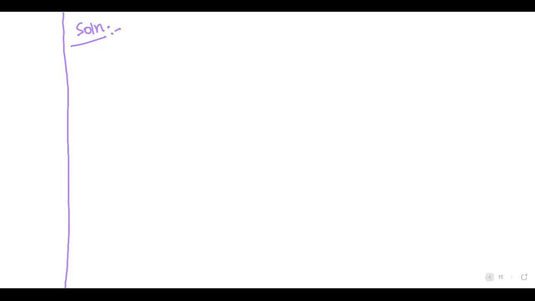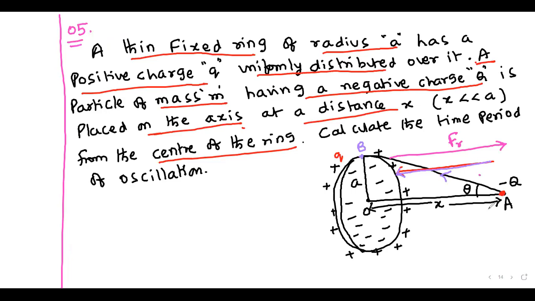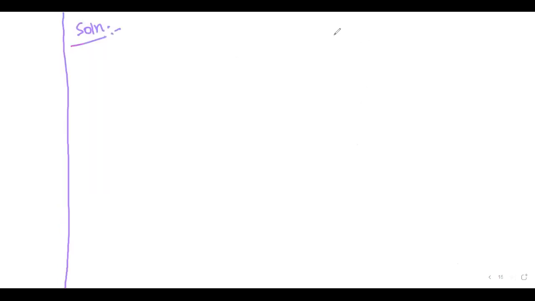Here my phenomenon is a negative particle placed near a thin ring. It moves towards the ring and away from the ring, and a restoring force acts in order to keep the negative particle in equilibrium.